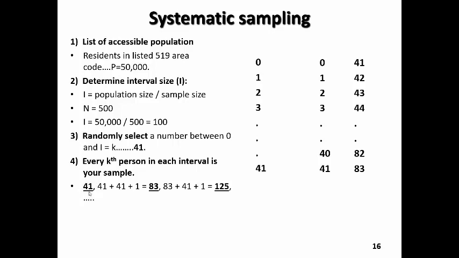The next case sampled in this systematic manner is the next 41st person. We take the 41, add 41 to the 41, and then add 1 to move it up, so that we have moved 41 units forward, and that lands us at number 83.